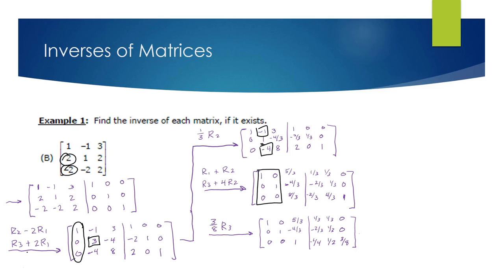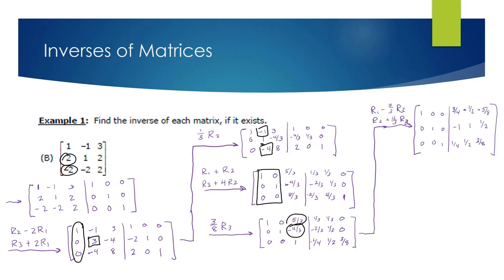Now I just have to get these two numbers to become zeros. So I'm going to subtract 5/3 times row 3 from row 1, and add 4/3 times row 3 to row 2, so I get the zeros and ones all lined up where they're supposed to be on the left.